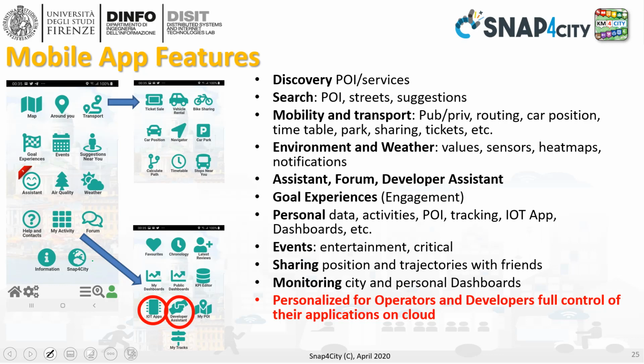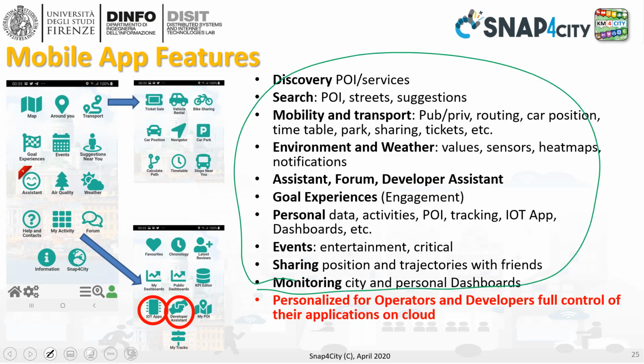The mobile app can also be used by operators of the city, in addition to the classical features like discovery, search, mobility, environmental assistant, gamification experience, personal data, event and sharing, monitoring, that are the classical features for all the users.